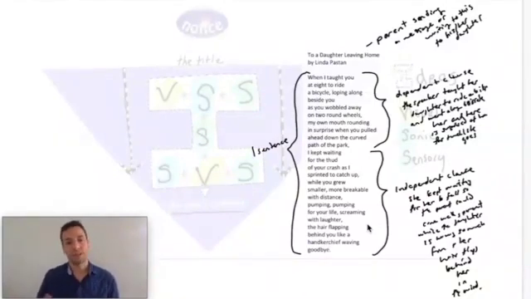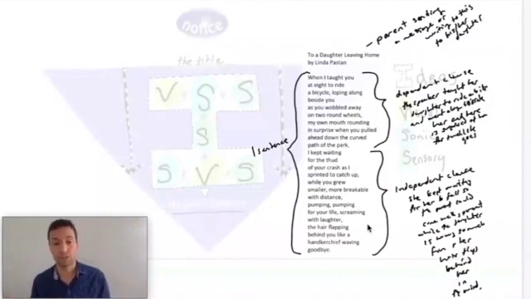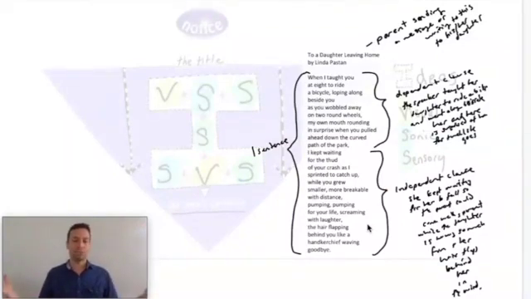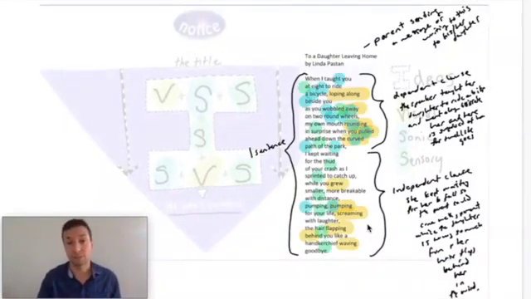And the daughter is feeling very happy at this and exhilarated by it because she's screaming with laughter. But the attitude of the parent is still very protective. Okay, and that's it. That's what happens in the poem. That's literally what the poem says.